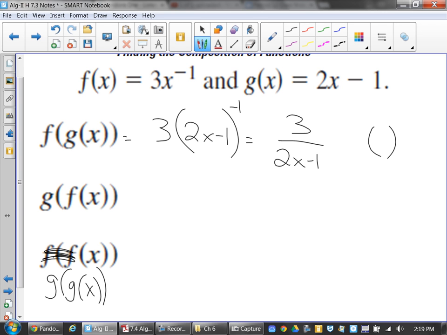Start with the f of x equation. And I surround it now with the g of x. So 3x to the negative 1 is being multiplied by 2 and subtracting 1. So, what's being raised to the negative 1 power? It's just the x, remember? Just the x has it.